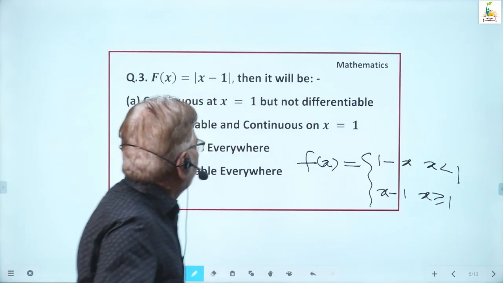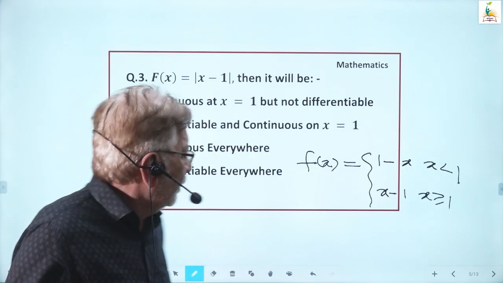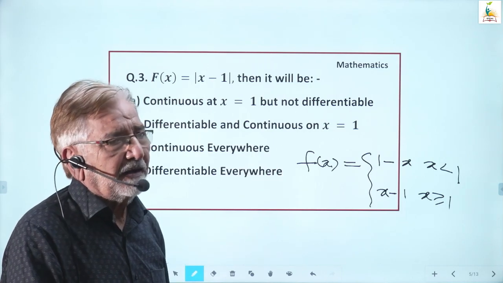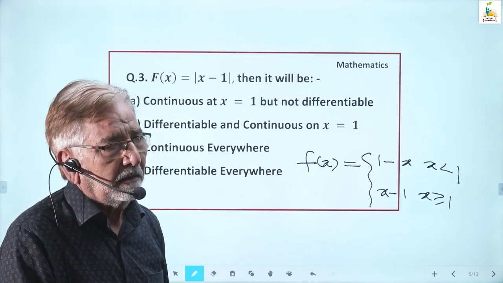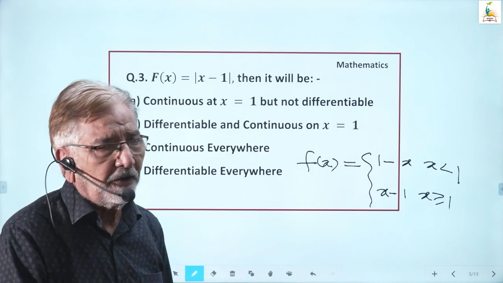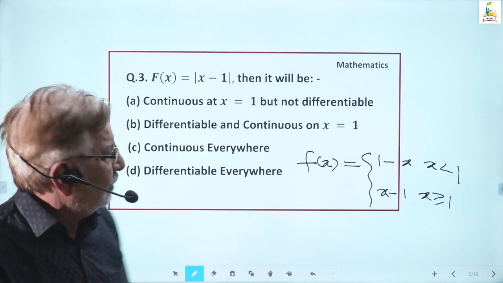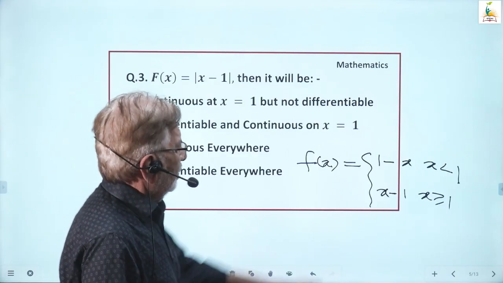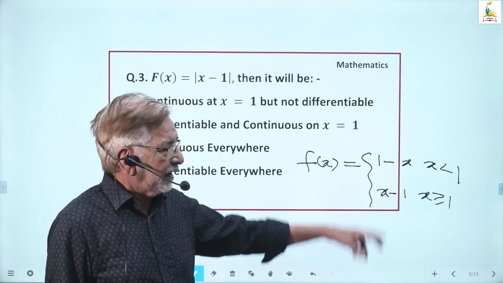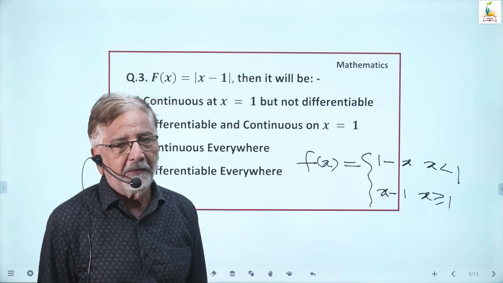In the chapter of continuity, we have seen it is continuous at 1, because left of 1 it is 0, right of 1 it is 0, and the value f(1) is equal to 0. For less than 1 it is a polynomial, for greater than 1 it is a polynomial, so it is continuous everywhere.